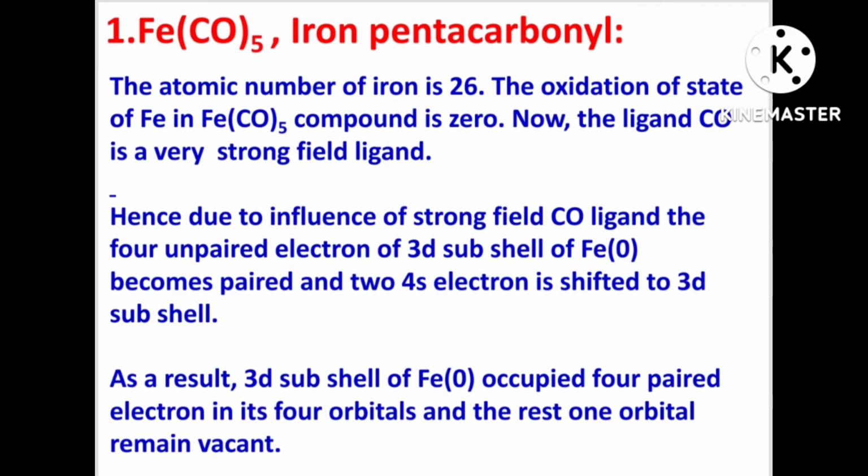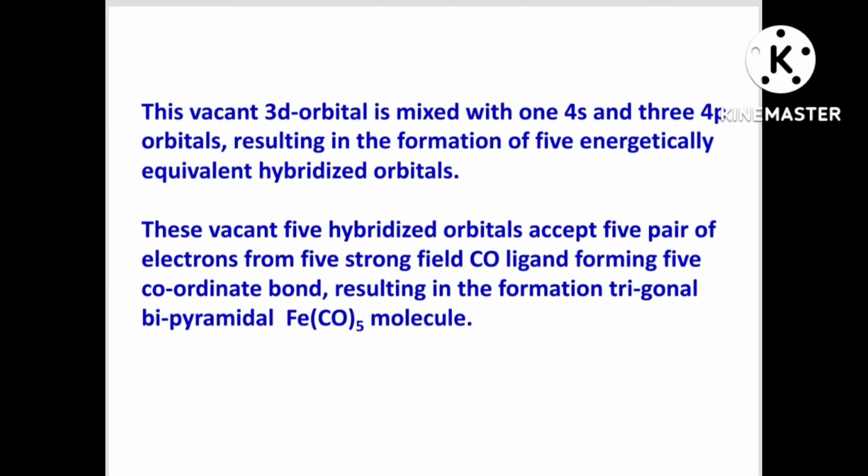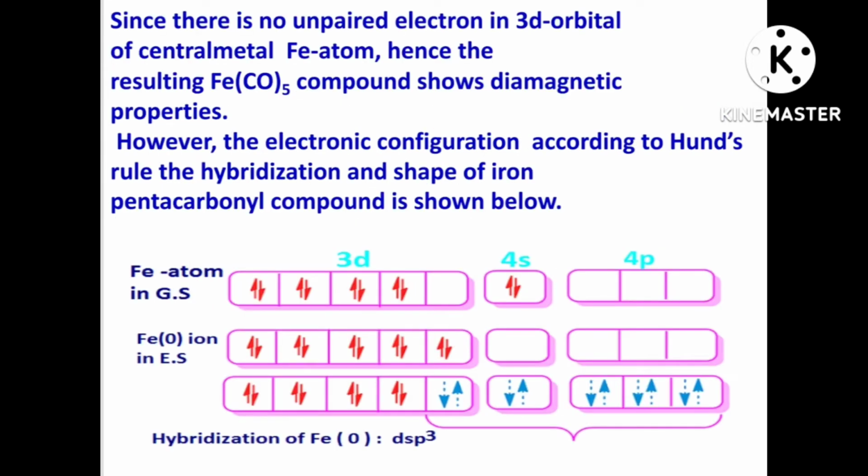And now we discuss iron pentacarbonyl. In iron pentacarbonyl, iron is the central atom, the atomic number of iron is 26 and the electronic configuration is argon 3d6 4s2. And we know very well that carbon monoxide is a strong ligand.